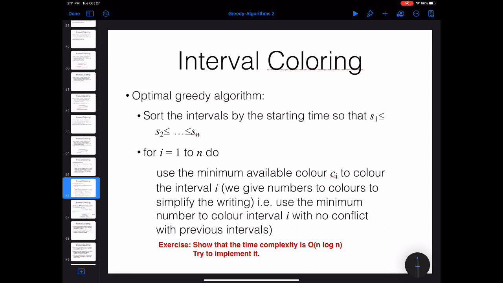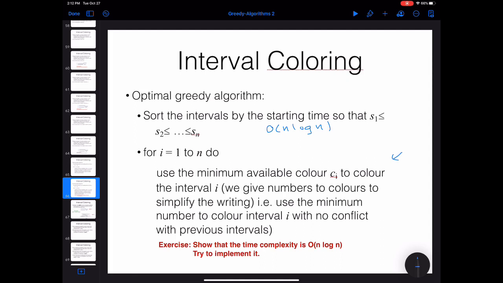Before actually going to the proof, the time complexity of this algorithm is going to be O of n log n. You know that sorting the activities based on the starting time is going to take n log n. Now the main question is this part, that for each job, you are going to find the next available color. How are you going to do that?